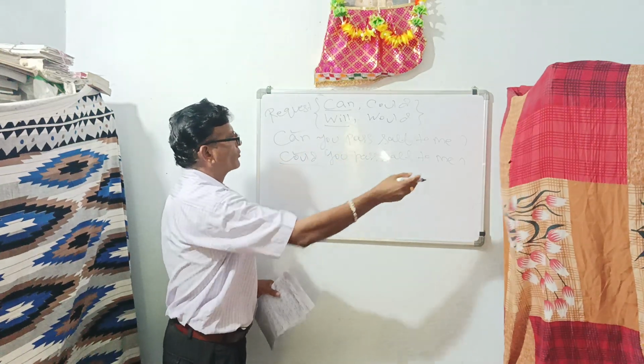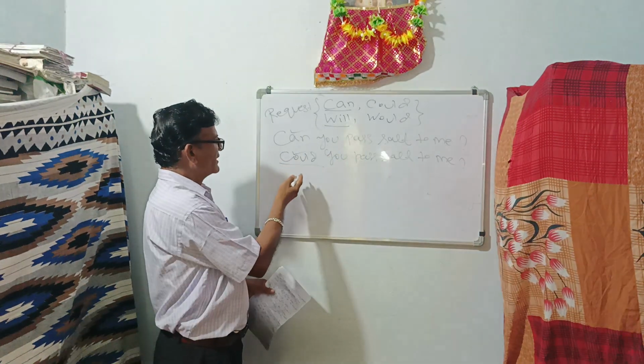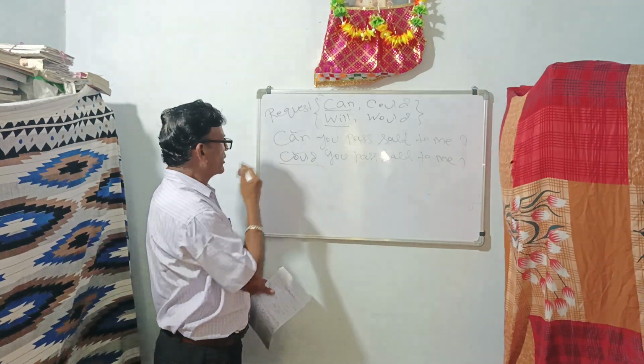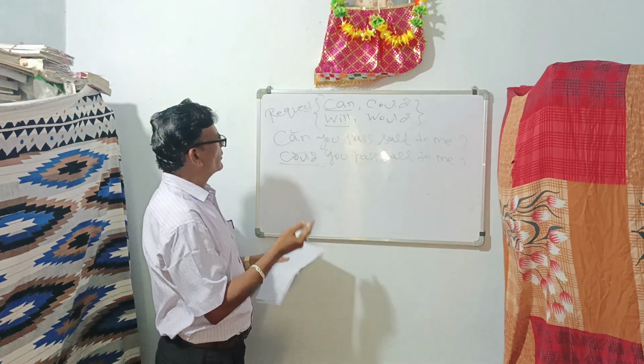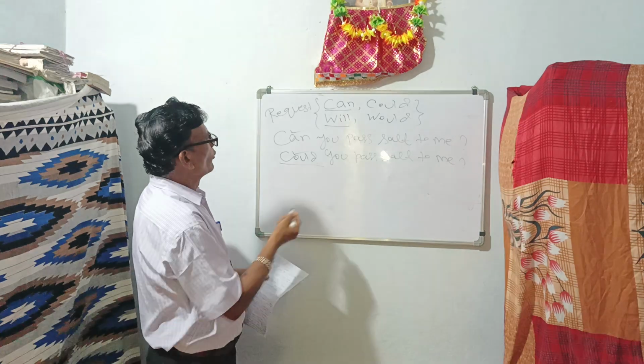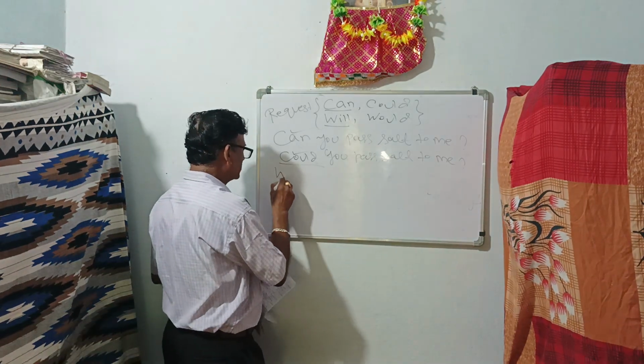Could you pass salt to me? Could is the more polite form. If a junior makes a request to a senior, it is better to use could. It is the modal auxiliary verb could which expresses request.